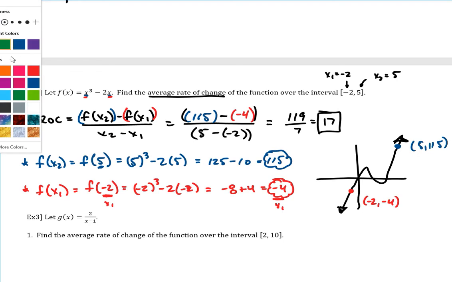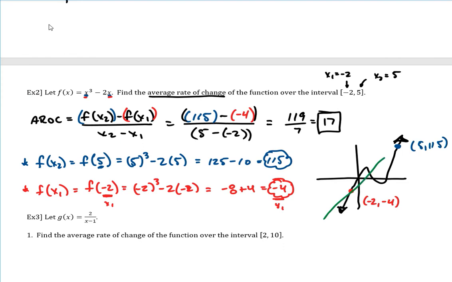Okay, anyway, let me do it in a green. If I were to connect these two dots with a line, this would be our secant line, and it has a slope of 17, because that's the average rate of change. Which right now, again, is just abstract.